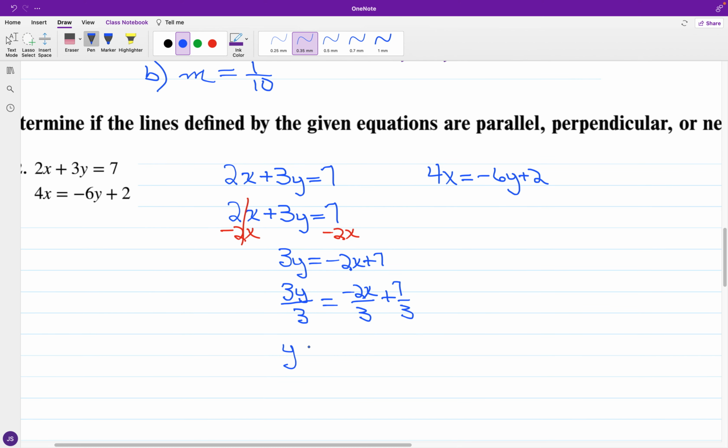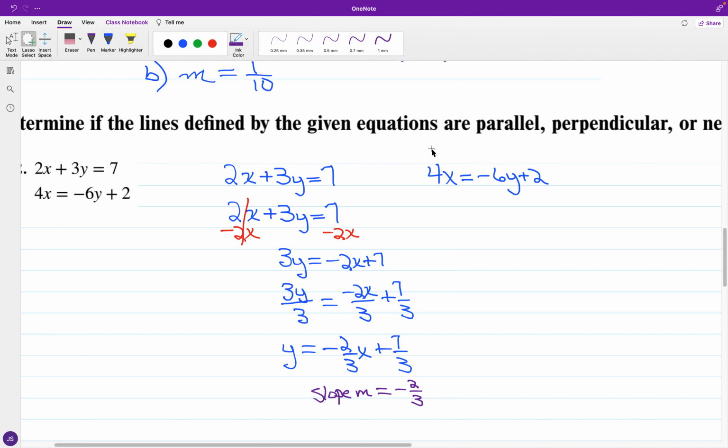And so for that slope-intercept case, y is going to come out equal to -2/3 of x plus 7/3. So for the first line, we'll have that the slope m is equal to -2/3.